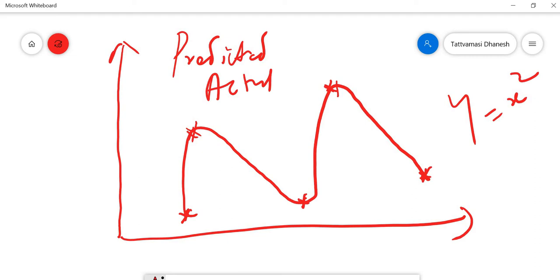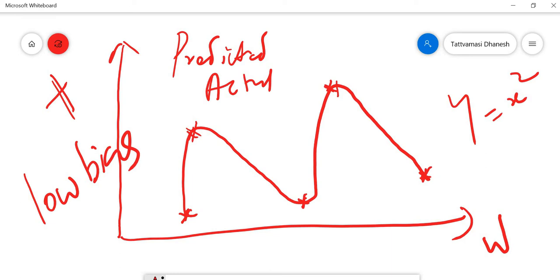When you consider the training data sets, here it is height and here it is weight. See, it passed through the data points. That means the predicted value minus actual value is very less. So this model, this polynomial, this curved line gives a low bias.